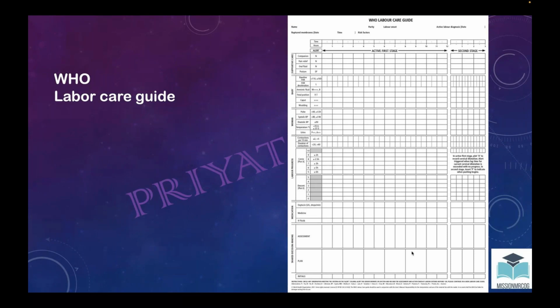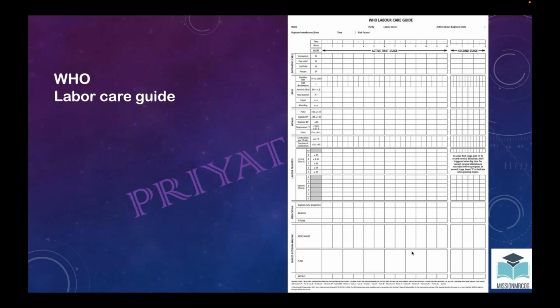And the most important part is labor progress. Here, in the upper part, you can see the contractions per 10 minutes. We will observe the contractions per abdominally for 10 minutes. If it's less than 2 or more than 5, then we have to be alert about it. And duration of contraction: if it's less than 20 seconds or more than 20 seconds, then you have to circle it, be alert about it and make a plan.